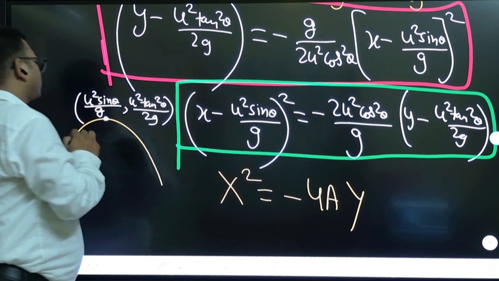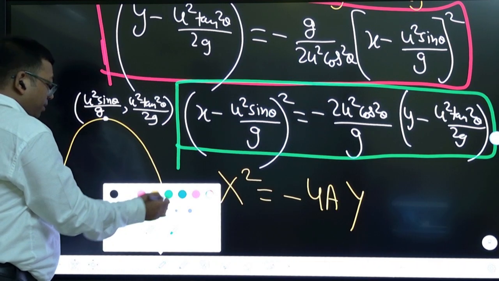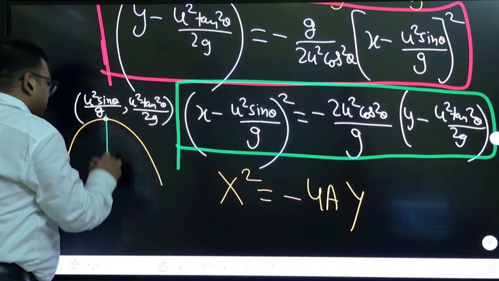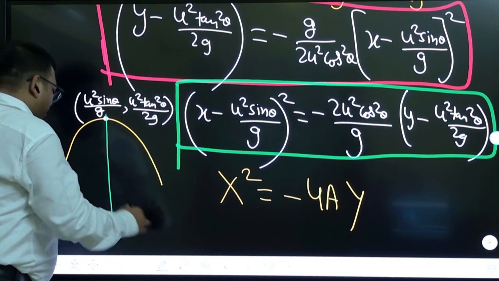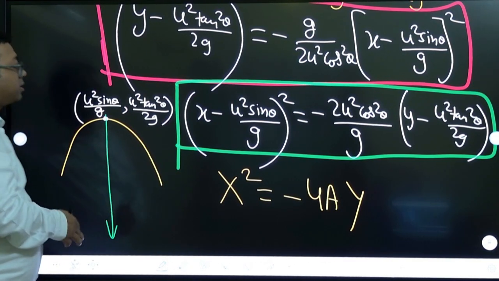This is the vertex of this parabola. Then what else? The axis of this parabola is parallel to the negative y-axis. It's not that the axis is the negative y-axis, but it is parallel to the negative y-axis.